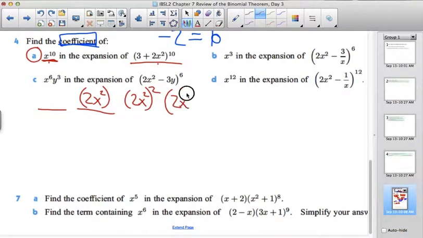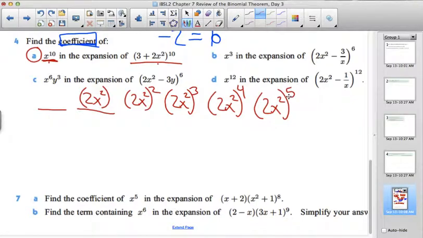The 2x squared to the third power gives us an x to the sixth. To the fourth power gives us x to the eighth. And 2x squared to the fifth power, that's where we get our x to the 10th power. So 1, 2, 3, 4, 5, 6, we're finding term number 6.